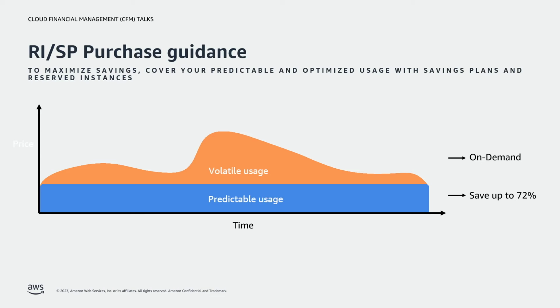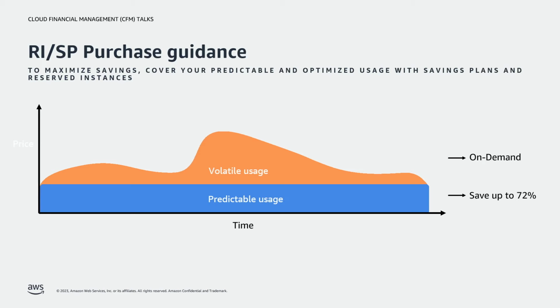Your predictable usage is the workloads that are always online, they're production, they're never really changing that often. And we can see in your utilization metrics and your bill this consistent and predictable usage over time. And then we have your volatile usage. That's maybe spinning up resources, doing a little test environment, or trying something out, or scaling an environment up and then scaling it back down.